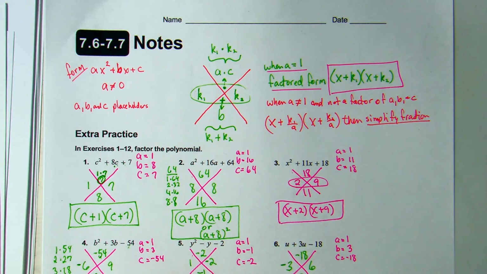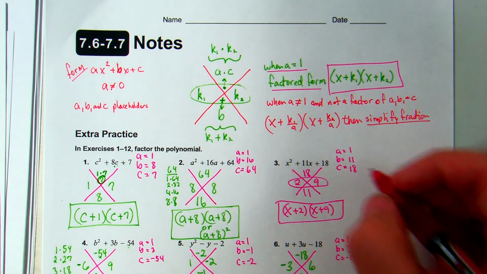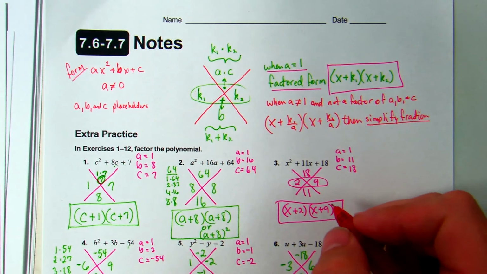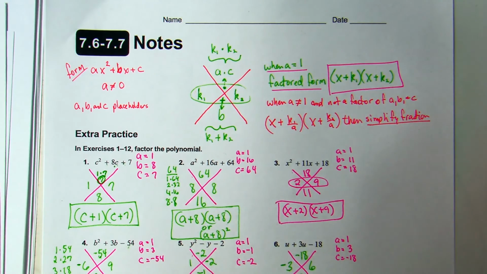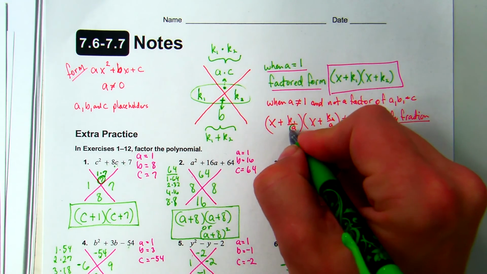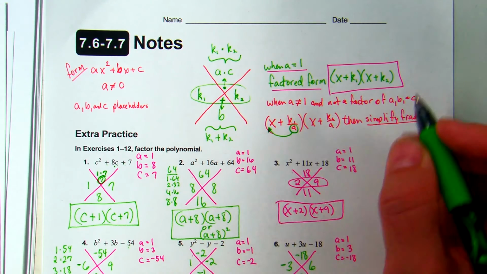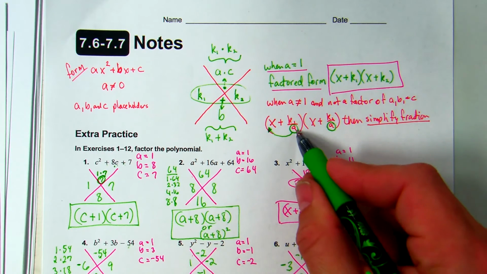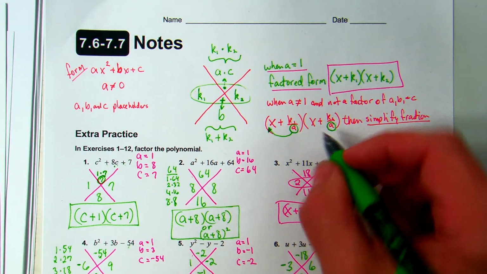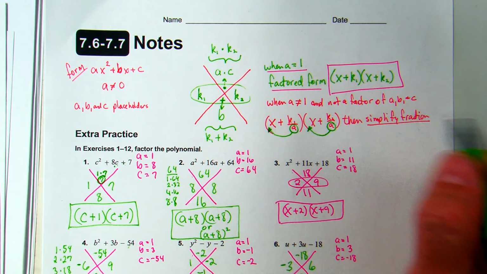And once the fraction is simplified, then our resulting factored form, and we'll see an example in just a second, the resulting factored form is going to end up being, we're going to take the A, okay, we're going to take this A out from underneath the fraction, and we're going to put it in front of the x. Take the A, whatever, if A changed to another value, that's fine. But whatever this denominator is in the fraction, we're going to take it out to the front.